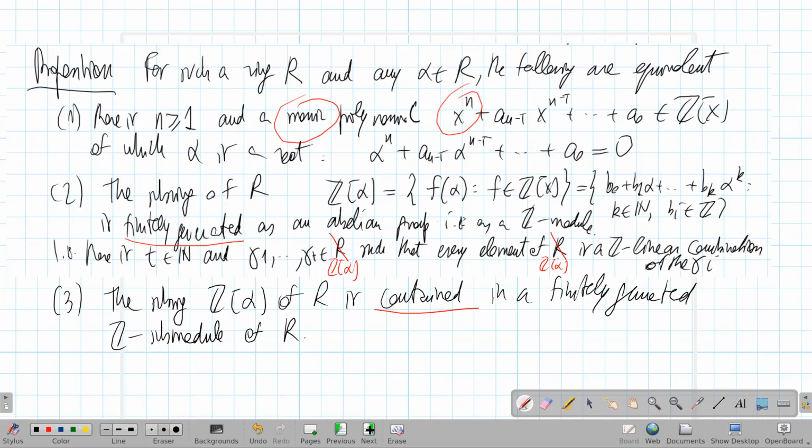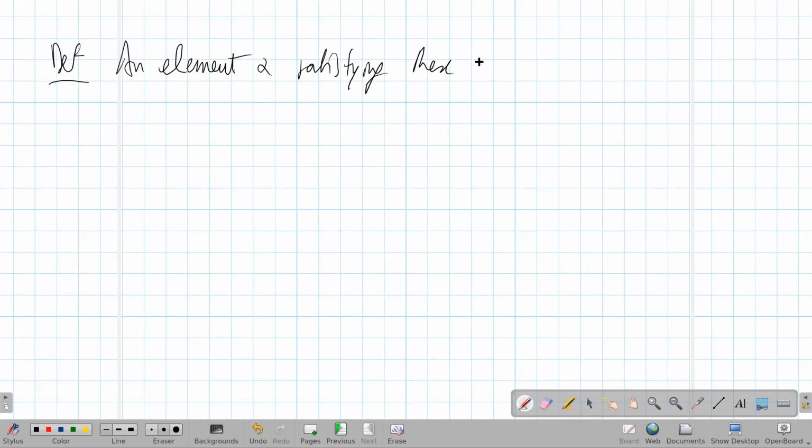So the definition. Let's revert to black. Definition: an element alpha satisfying these equivalent conditions is said to be integral.